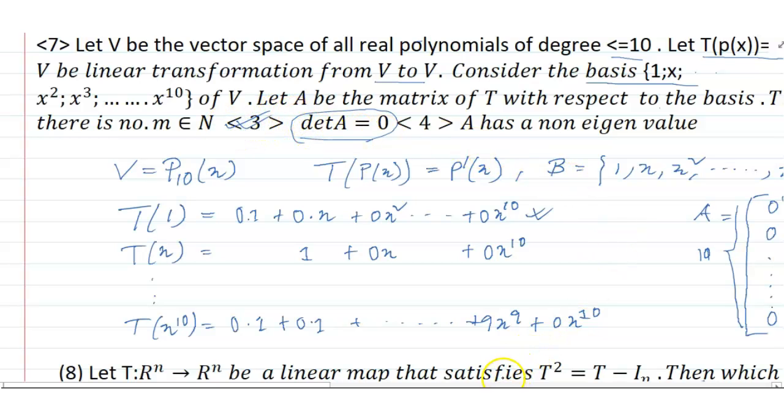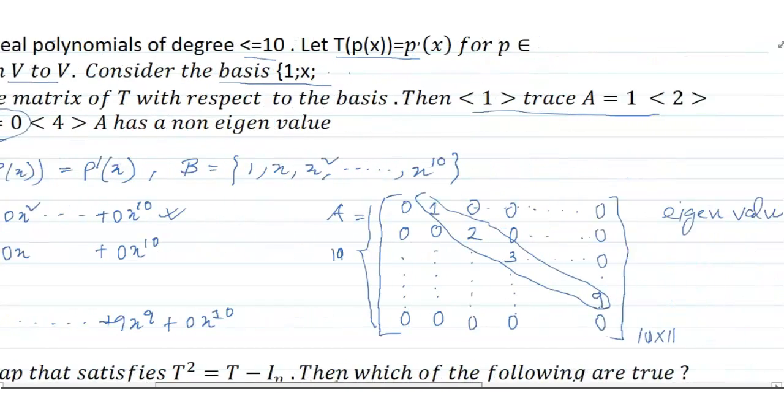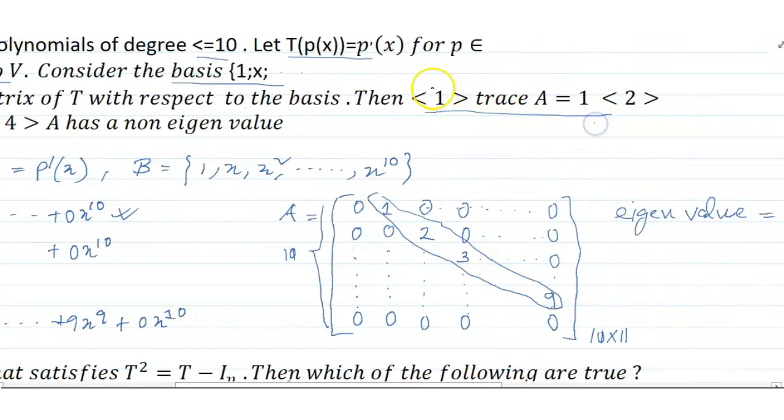Now we see another option. Trace of A equal to 1. This is totally wrong.